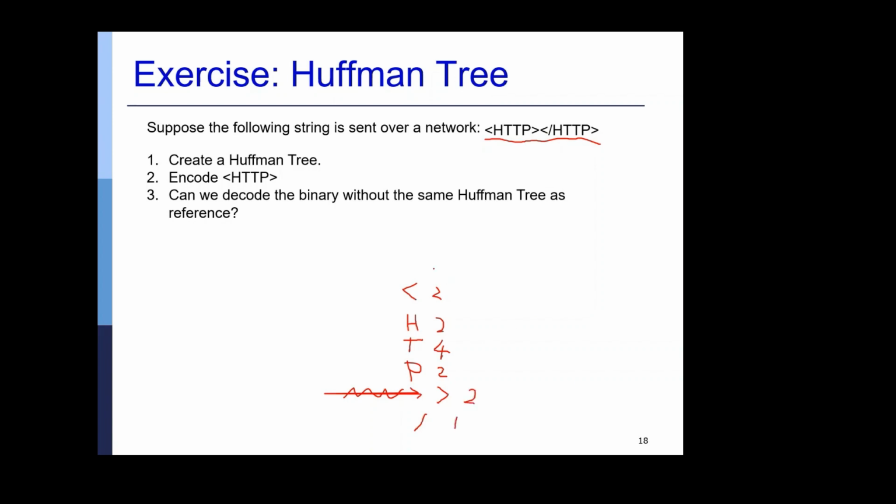Now this is not a priority queue yet because you haven't arranged. Priority queue is after you arrange, right? So from small to big.